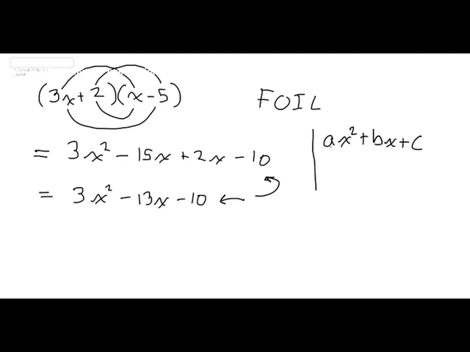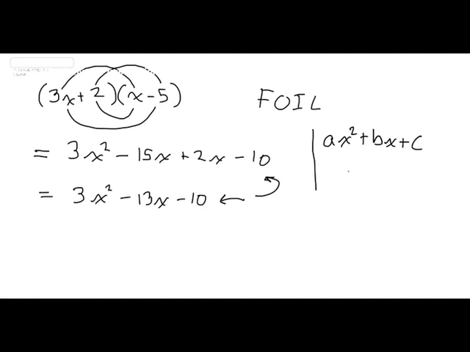In the general abstract form, we can write any trinomial in the form of ax squared plus bx plus c. So the leading coefficient is a, the coefficient on the x is b, and our constant is c. So we're taking a look at a family of trinomials where a is not equal to 1 or 0. So it's any number but 1 or 0. In this case, a equals 3.